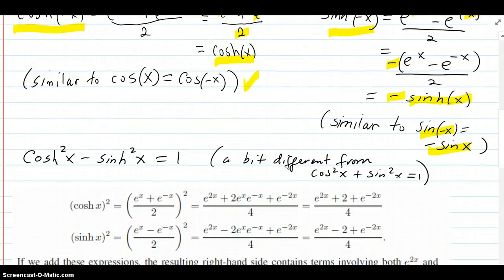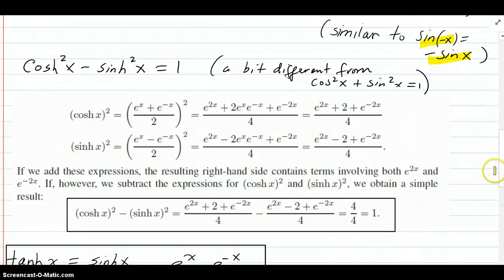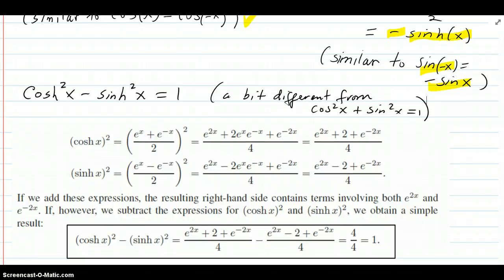But almost too good to be true, there is the next property here that is a little bit different, and that's this one. Instead of being a plus sign in between cosh squared x and sinh squared x equaling 1, there's a minus sign. That's different than cosine squared plus sine squared equals 1.